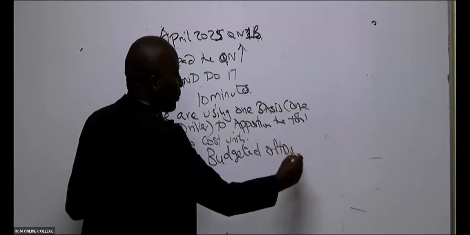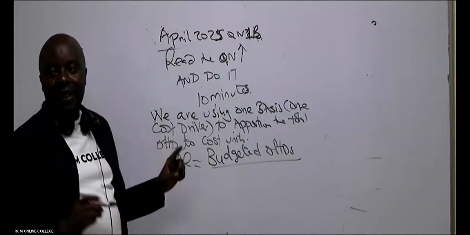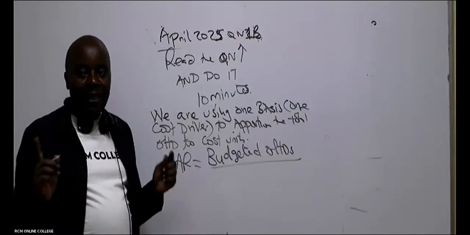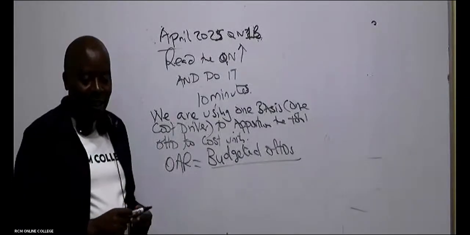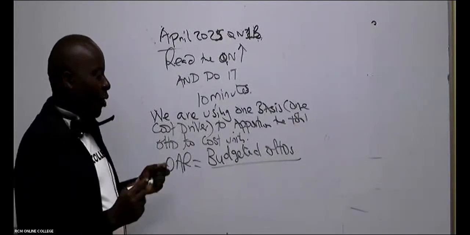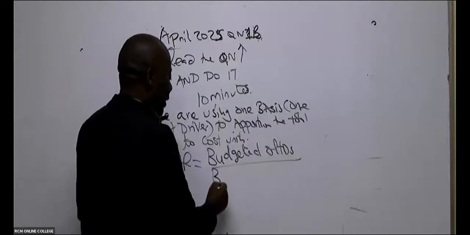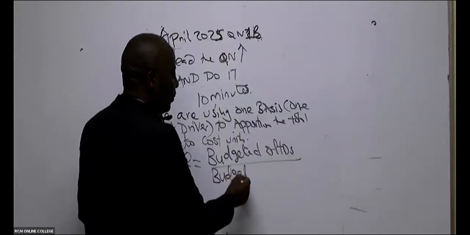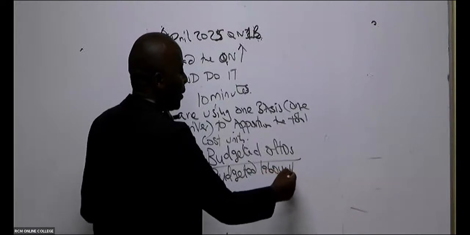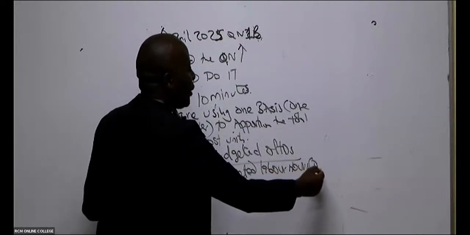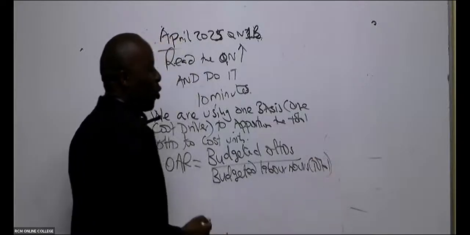We divide this by budgeted, in this case here, we know the basis. Budgeted labor hours, or cost driver. So we divide this by budgeted labor hours. They have told us what to use.